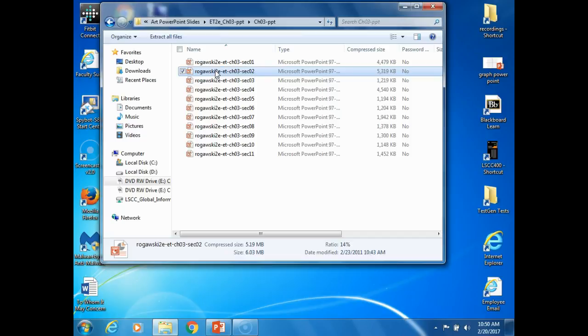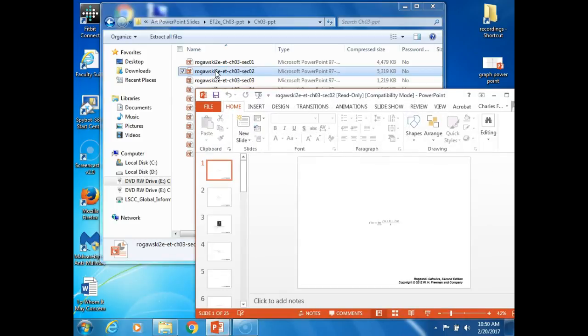Okay, for some reason, it's having a hard time opening 3.2. I don't know what's going wrong here. There it comes, maybe. Still having a hard time opening. There it comes, finally. All right.